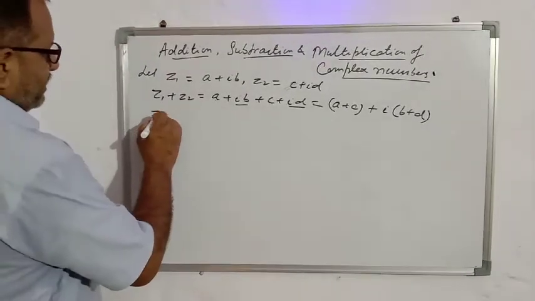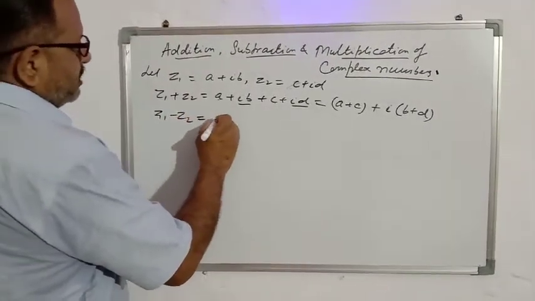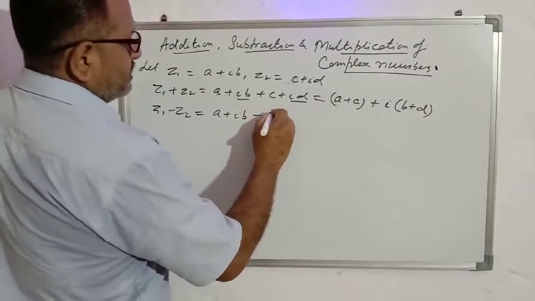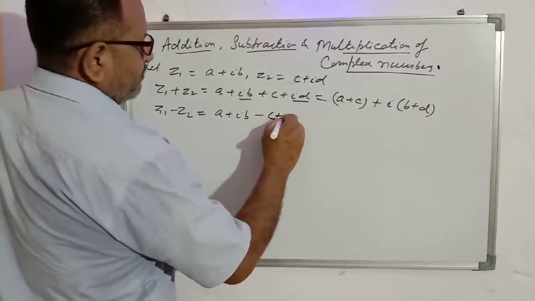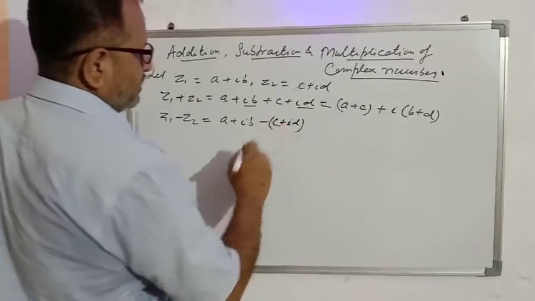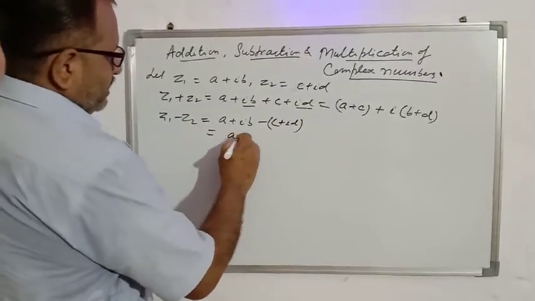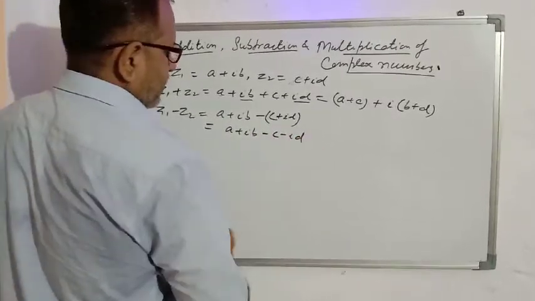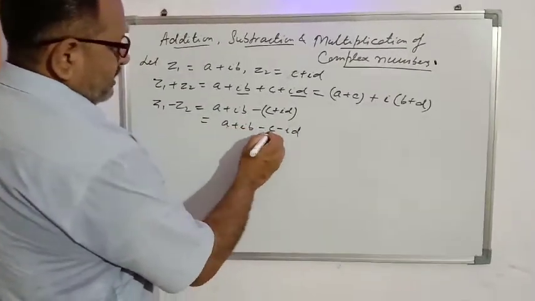Similarly, we can subtract, z1 minus z2. a plus ib minus c plus id. So we will write it a plus ib minus c minus id. Take the real parts together.